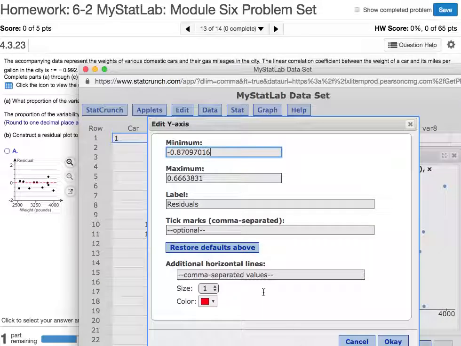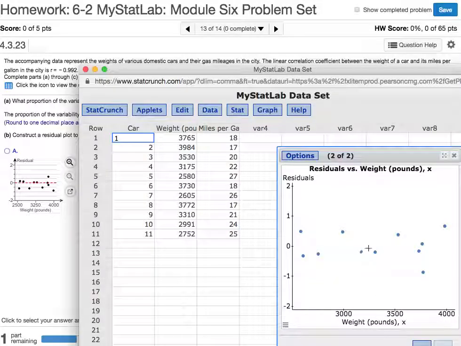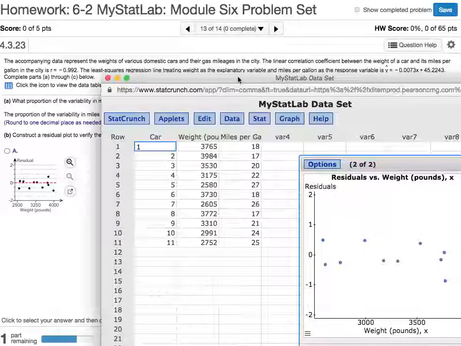So the y-axis, I'm going to put that it goes all the way to -2, so it looks closer to the ones that we're looking at, and then the max 2. Okay. And then let's go ahead and see.